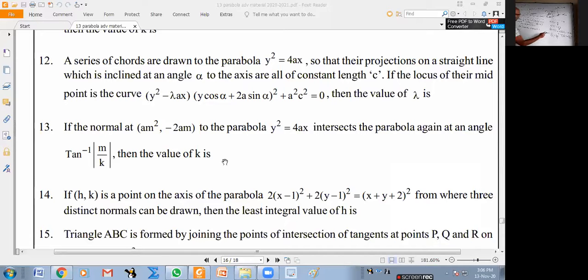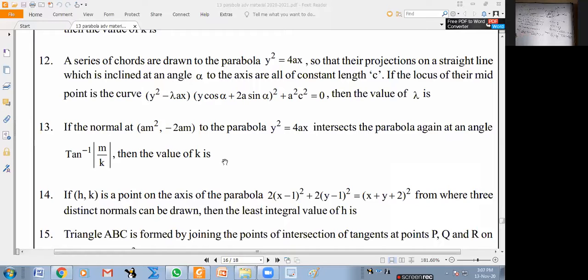What is cos theta? Tan theta is 2a by y1, so cos theta is y1 by root over (4a square plus y1 square). So cos theta cos alpha plus sin theta sin alpha: y1 by root over (4a square plus y1 square) cos alpha, plus 2a by root over (4a square plus y1 square) into sin alpha, equal to c. I can substitute the AB length from here so that this will get cancelled by squaring it.